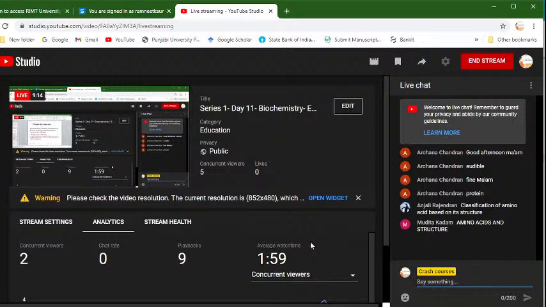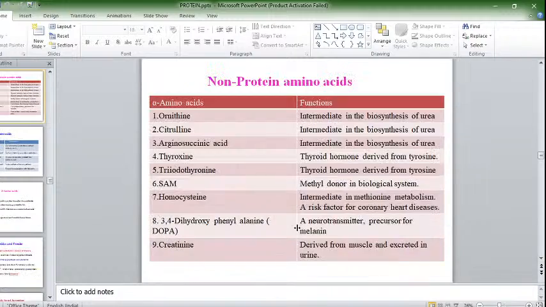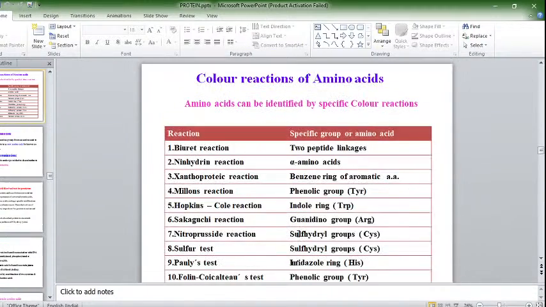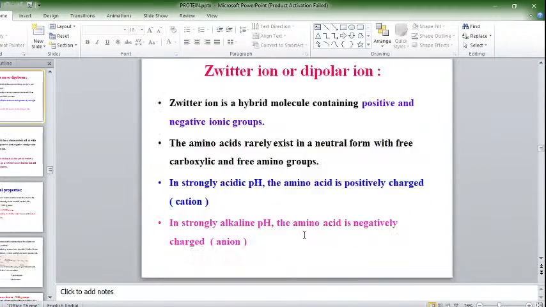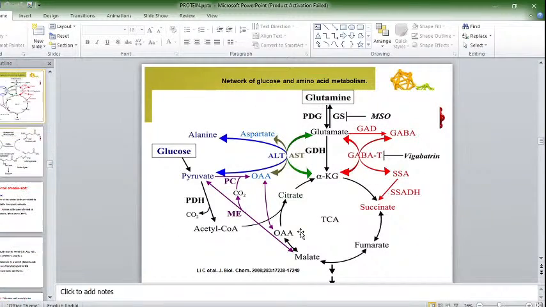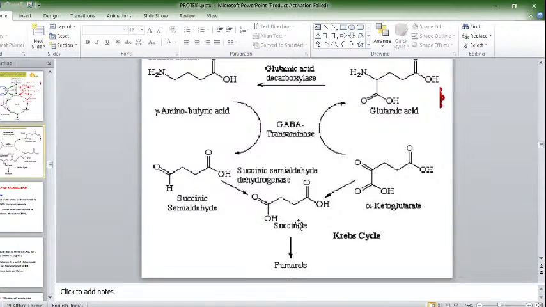Have you completed your homework? Okay. So we have to complete amino acids based on their structure. So we have covered amino acids, properties of amino acids.